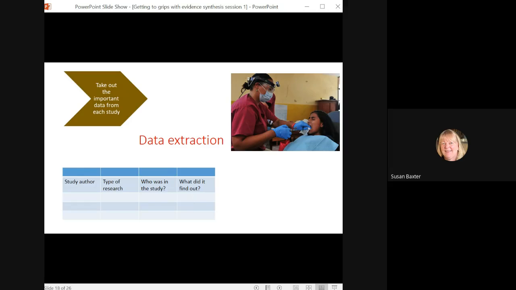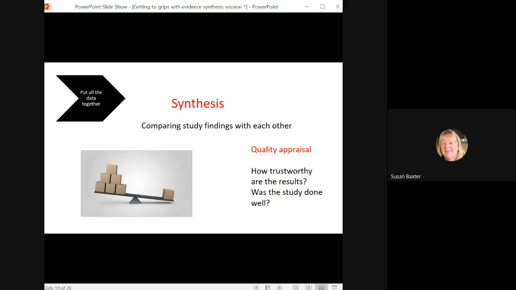Again, we'd probably take out the type of research, so which study design was it, and then who was in the study, so details of what the sample size was, so how many people were actually studied, who were they, were they people aged over 60, were they young people, and then also what did the study find out. So for every single study that we think meets our criteria, we'll go through and take out systematically the data from each study. So that's the data extraction process.